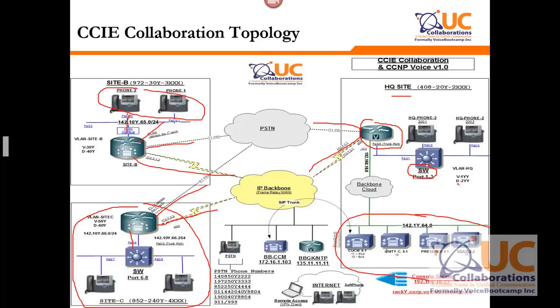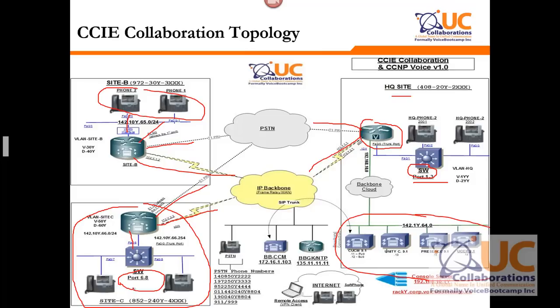Now in our lab we are sharing the same switch for both HQ and site C. The difference is that on the switch the first three ports are used for the HQ site, and the last 3 ports are used for the site C site.